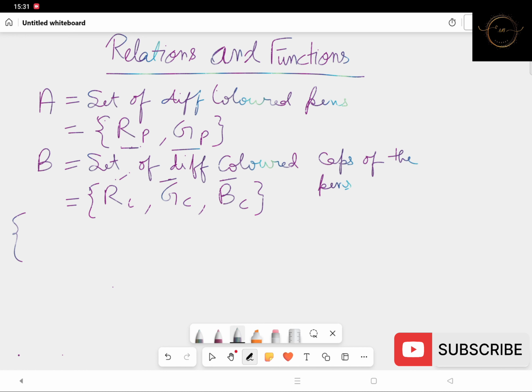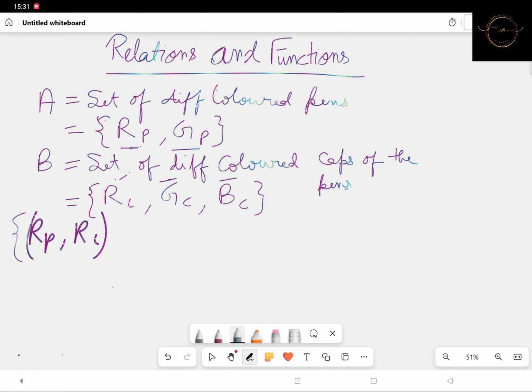Now let's write the combinations. For RP, I can write RP comma RC when red pen and red cap are combined. Again we can combine red pen and green cap.